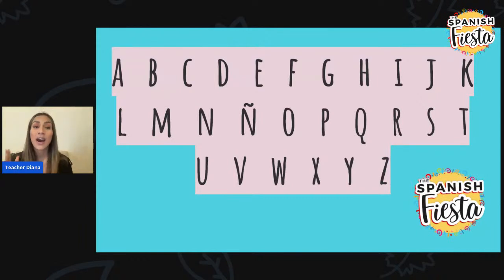And then as we move forward, como avancemos, we will study those sounds with two letters working together. All right, so let's get started with the alphabet.